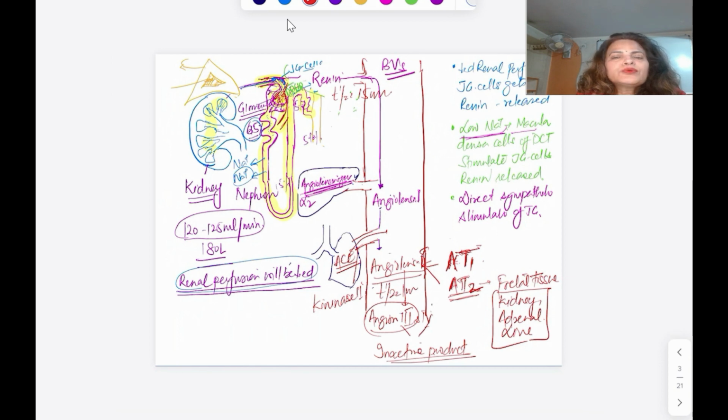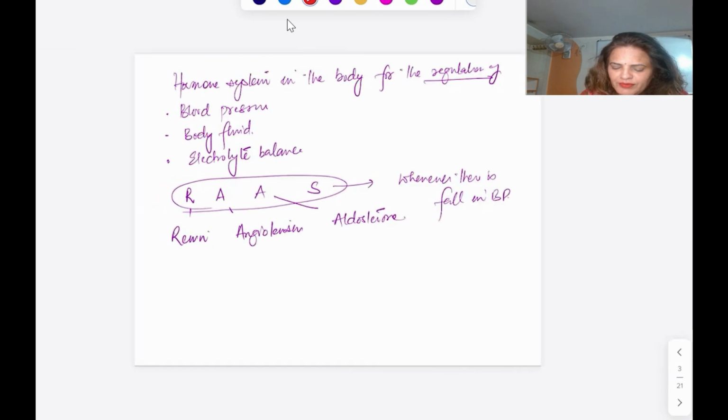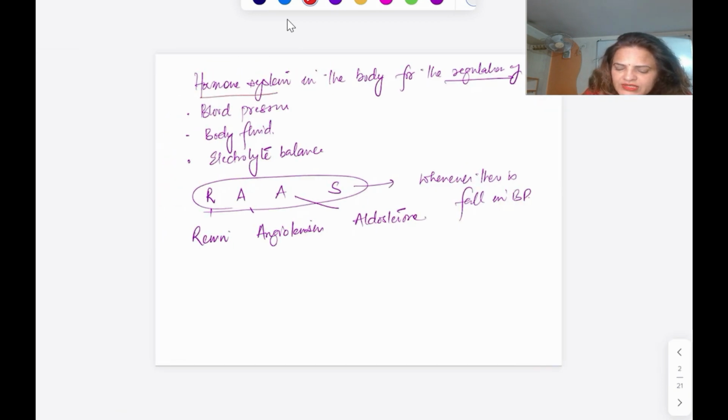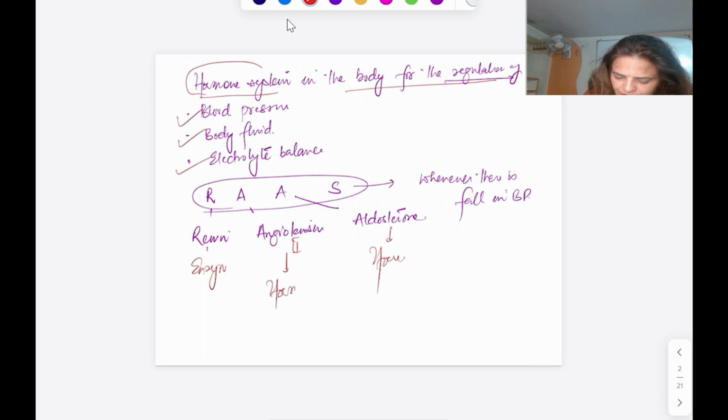Now in the beginning I told you it is a hormone system in the body for the regulation of blood pressure, body fluid and electrolyte balance. So here, what are the hormones? The three things: renin is an enzyme, angiotensinogen, all of you know, is a hormone, and angiotensin 2 is also a hormone.